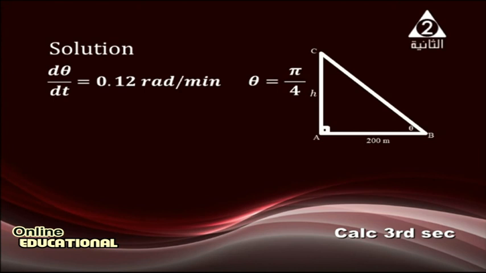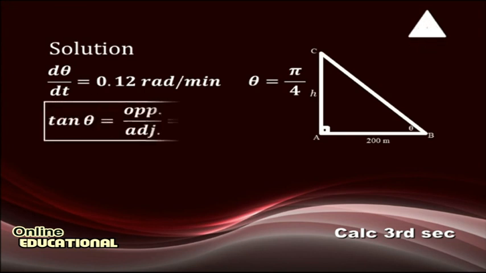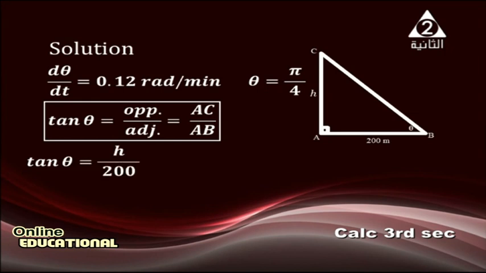Then what is the relation between θ and the height h? tan θ equals opposite over adjacent equals AC over AB. Then tan θ equals h over 200. We can write this relation as h equals 200 multiplied by tan θ. Now we have a relation between the height h and the measure of the angle of elevation.